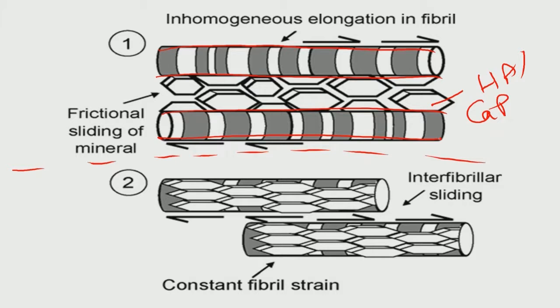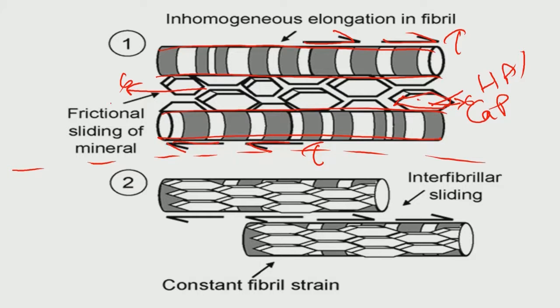What is shown here is that this collagen bundle will experience some kind of shear stress, and the presence of the shear will make this collagen bundle slide over each other, slide over the hydroxyapatite platelets. These hydroxyapatite platelets, although they will experience more like a tensile stress as I explained in the last slide.